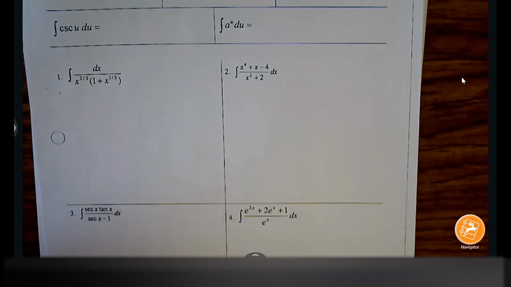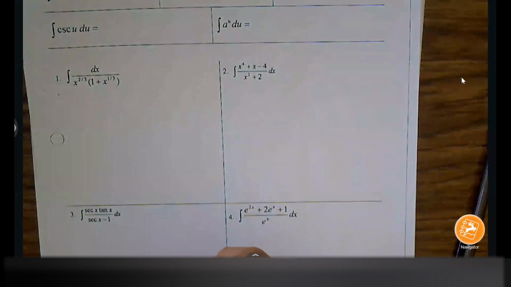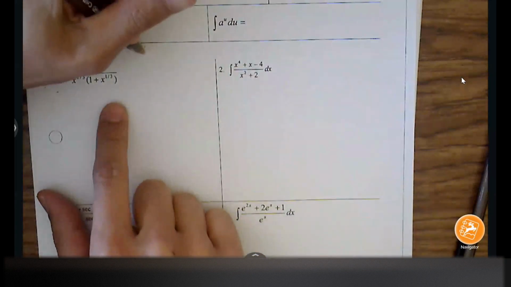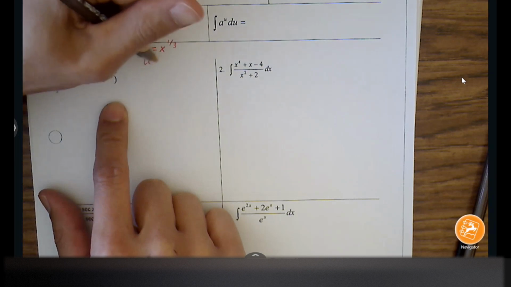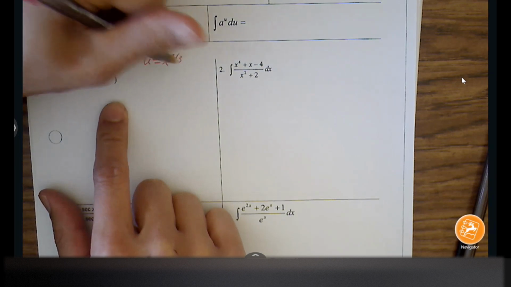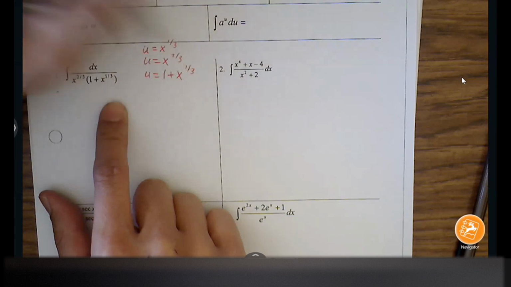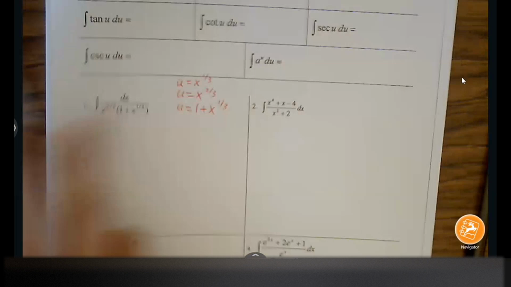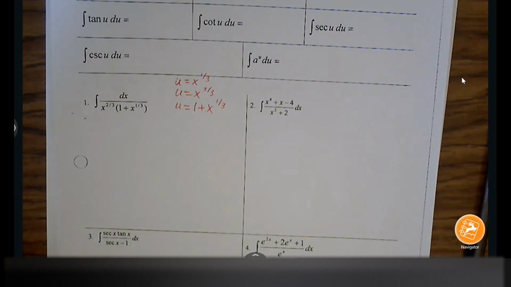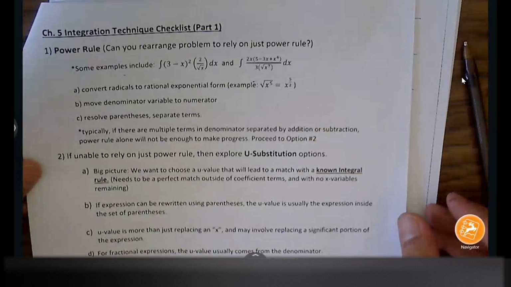All right, now we're moving on to U-substitution, and we want to pick a U value. What do you think a U value could be? One plus x to the 1/3. Yeah. I encourage you guys to read through this technique checklist.